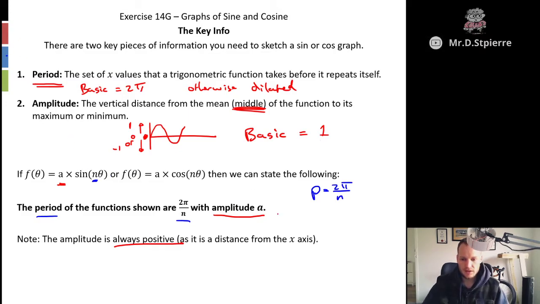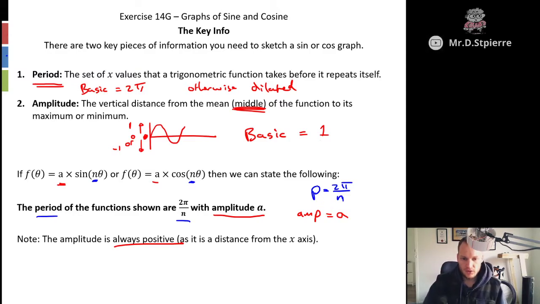And then our amplitude happens to be equal to a. And that's the same for cos. We have our vertical dilation, our amplitude out the front, and then the n inside acts as a horizontal dilation and affects the period.